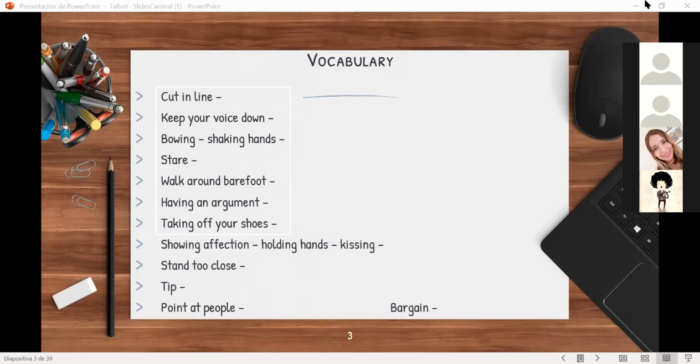Grace, what do we have to do? Grace, are you there? Oh, I think she's not. So let's see. Cassandra, what do we have to do?